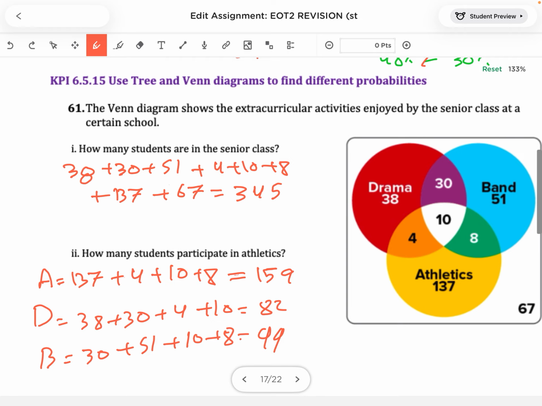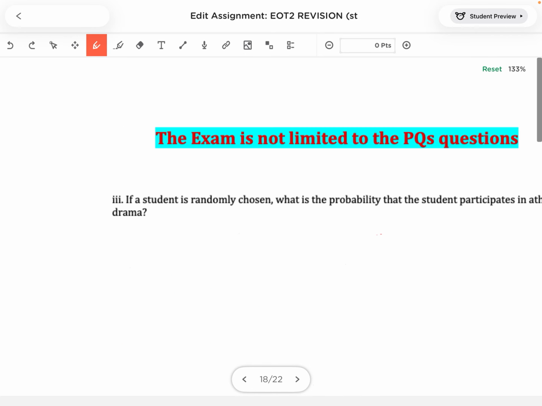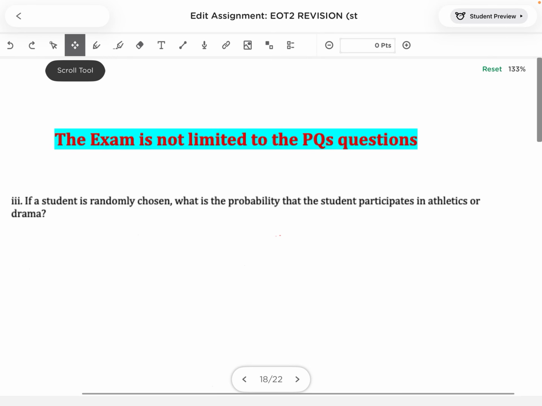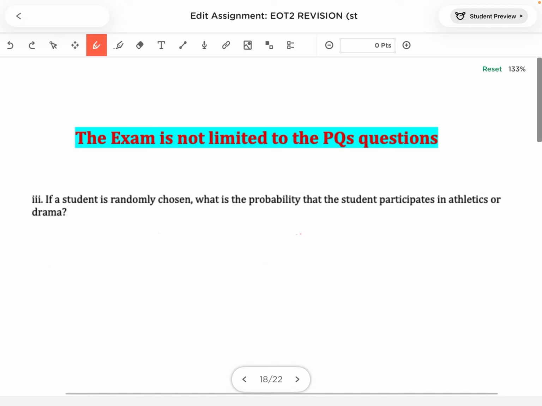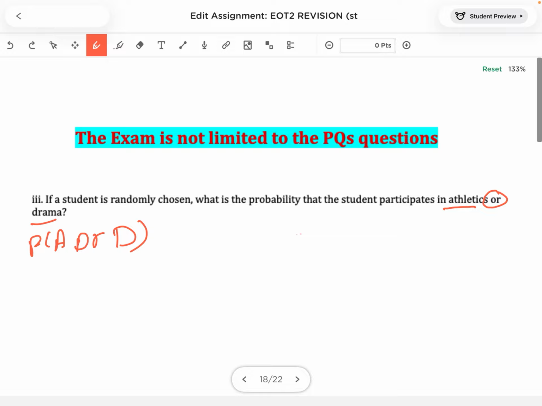Okay, let us see the next question. We need the probability of the people who participate in athletics or drama. Athletics or drama. So that equals the probability of athletics plus the probability of drama minus the probability of athletics and drama together.